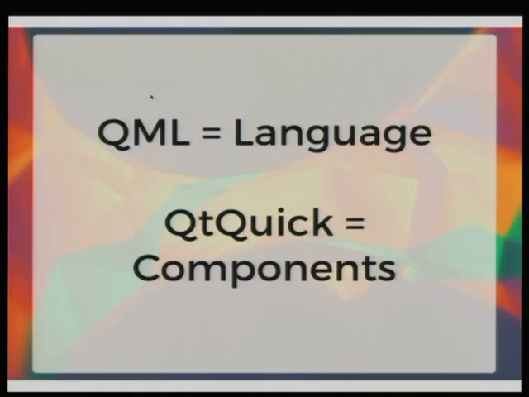In order to be able to instantiate some objects in QML, you need some components, right? And there is a set of components, or a module, called QtQuick, which contains the basic simple components like rectangles, some scrollables, and this stuff. But you need to import it first, right? Without that, you have a cool language, but nothing to create in that language.